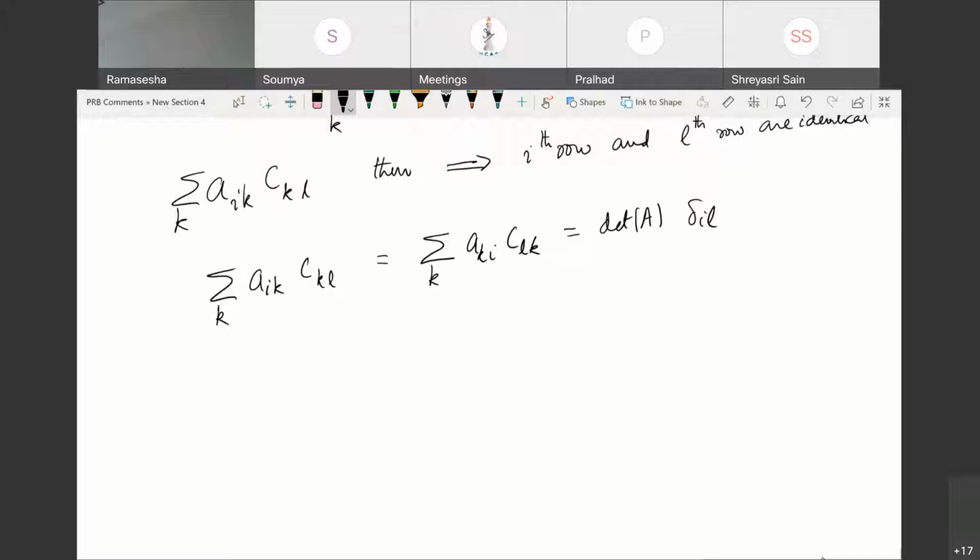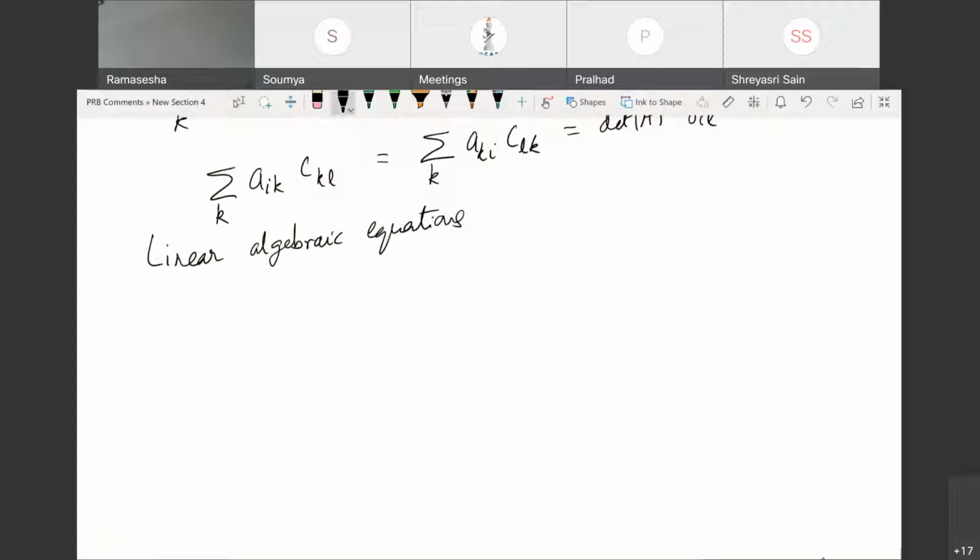Okay, now let us go back to the homogeneous system of equations, or rather the linear algebraic equations. When you go to linear algebraic equations, I said that we can have two cases. One, number of equations equal to number of unknowns.